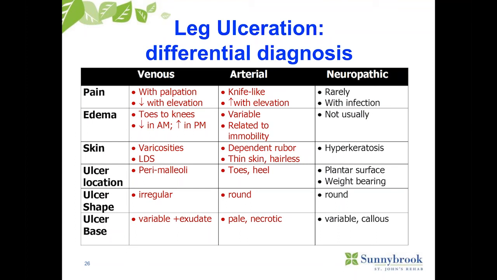So let's go back to treat the cause. Venous ulcers, yes, you've got to put a dressing on it, but unless you're able to provide some compression, you are not going to close those ulcers. Why? Because of increased venous pooling in the leg, blood and proteins leak out.